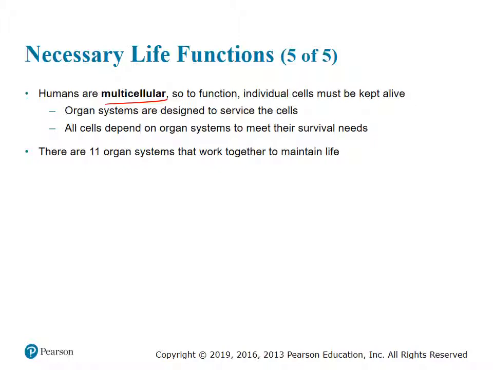And that's why we've got organ systems in place. The organ systems actually service the cells of our body. Many times they're self-servicing. So the cells that do jobs to help other cells live are in fact doing those jobs to help themselves live. Does that make sense? And other organ systems are doing the same thing for those cells, and back and forth.